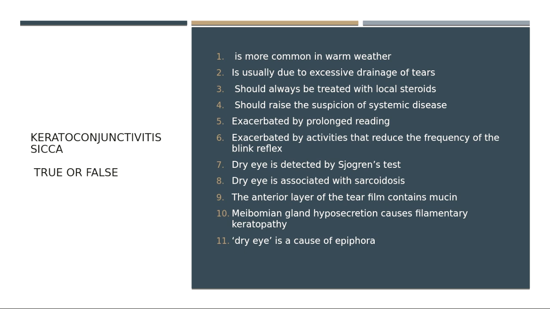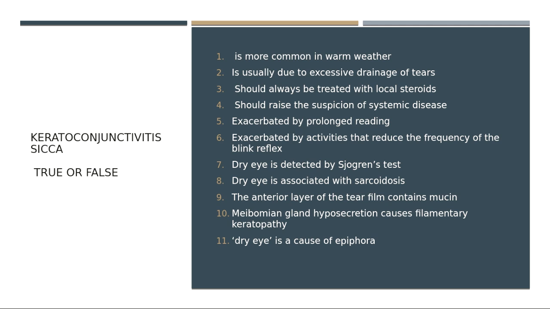Meibomian gland hyposecretion causes filamentary keratopathy. No, it's lacrimal gland hyposecretion. Remember, your meibomian glands secrete the lipid layer, and filamentary keratopathy is a feature of the aqueous layer deficiency, not the lipid layer deficiency.